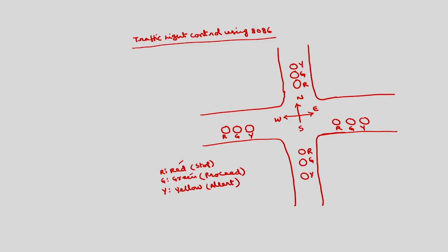Now you have to connect each light to one of the ports of 8255. It is up to you. Suppose I want to connect this to PA0, PA1, PA2. If I want to connect this to PB0, you can write PB2, in similar order, PB1, PB0.